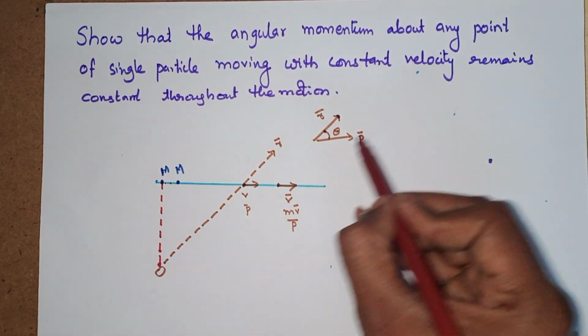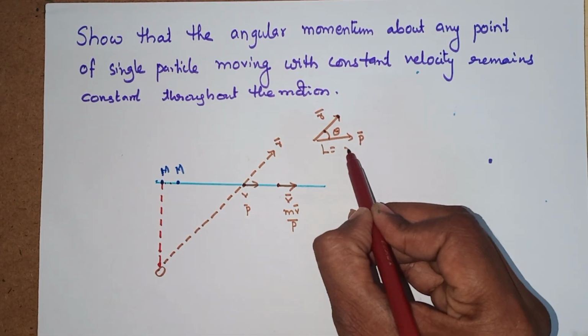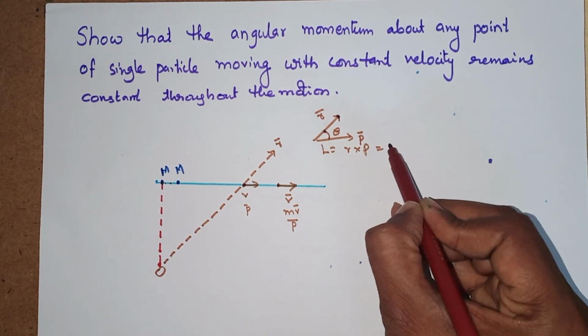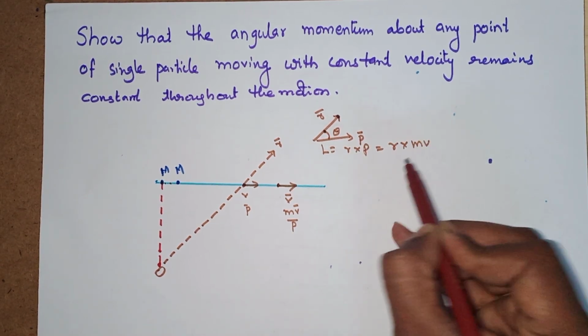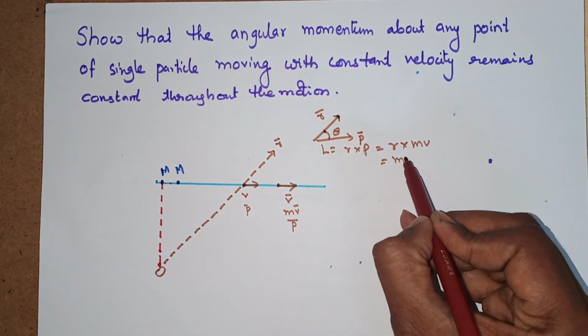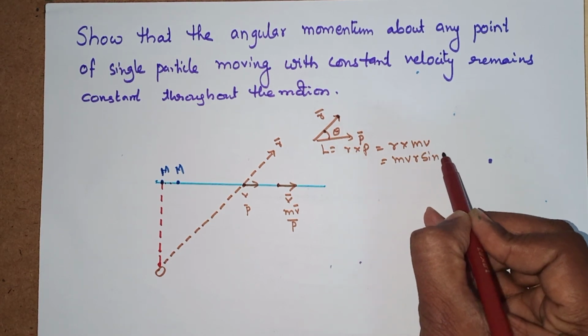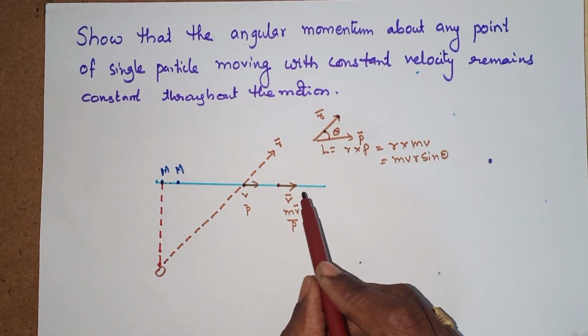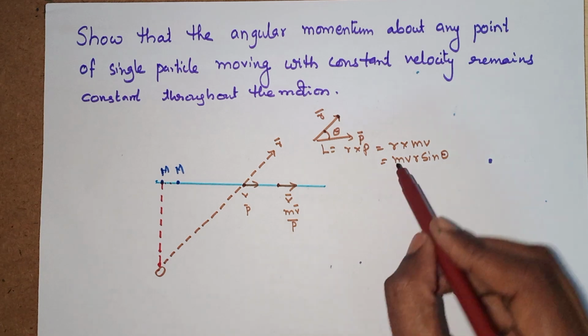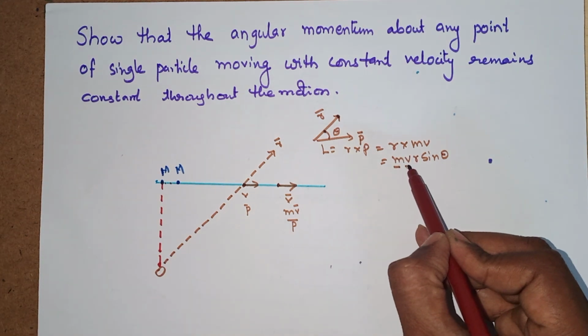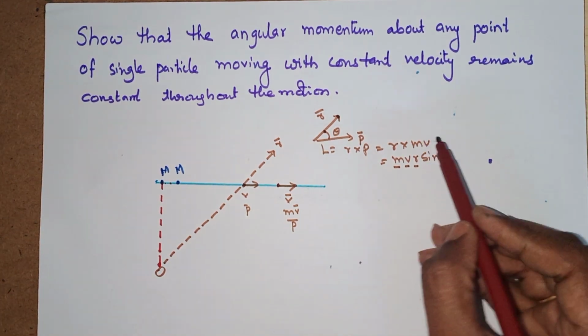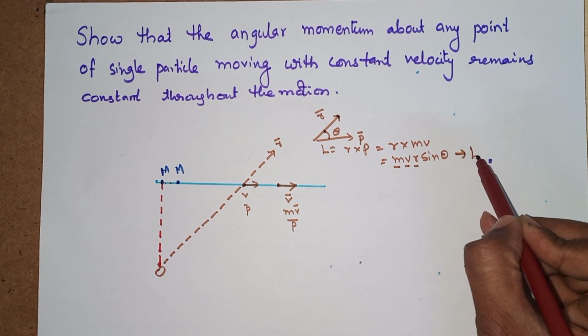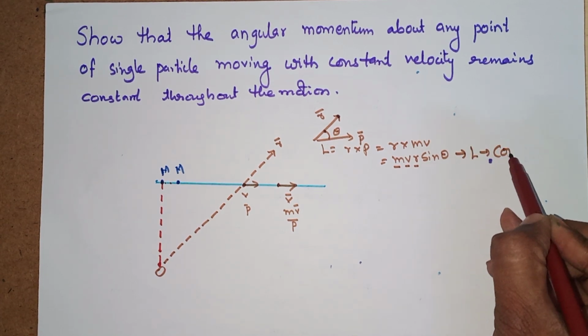What is that? Angular momentum, which is equal to r cross p, is equal to r cross mv, which is equal to mv r sin theta. So here m is fixed, v is fixed, r sin theta is fixed, so the angular momentum is constant.